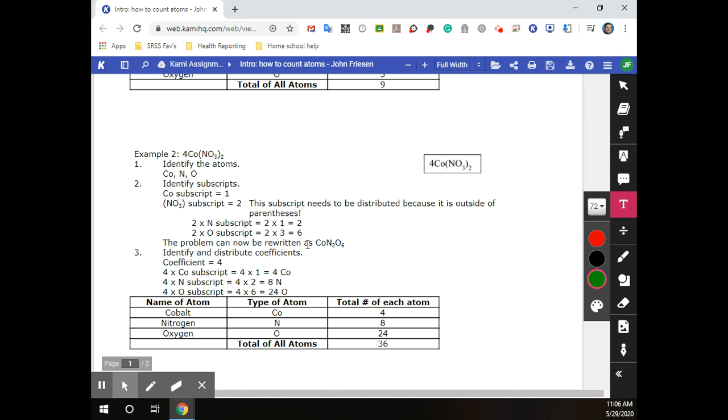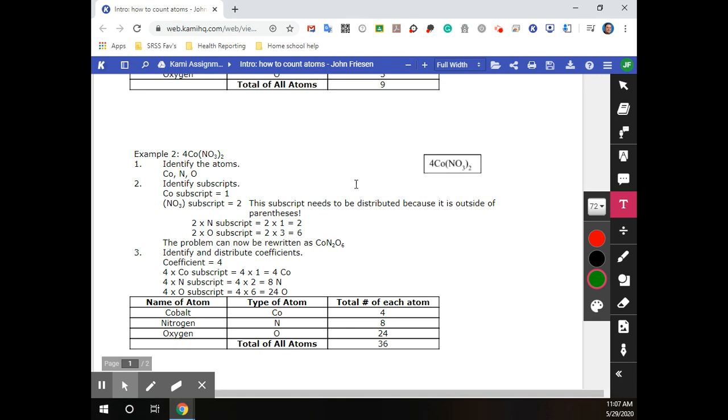The problem can now be written down as this. Like I just said, it's rewritten as CoN2O6. Identify and distribute the coefficients is the next thing that we do. The coefficient is 4, right here.